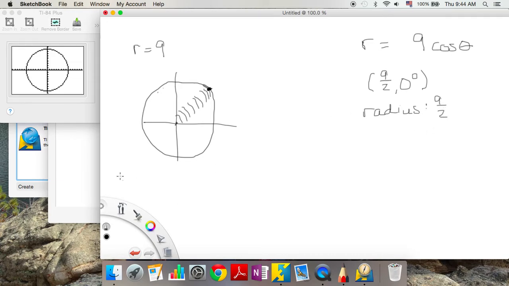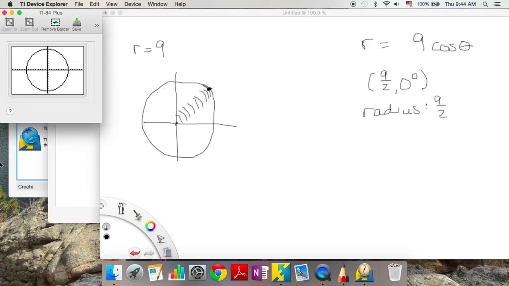So when we come over here to graph this, with 9 times the cosine of theta, we see the radius is half of what it was for the other one, and it's shifted over.